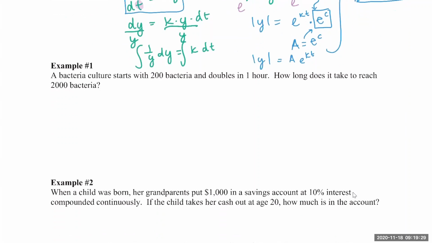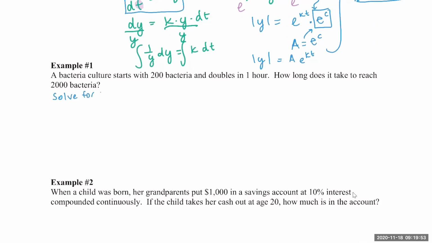Okay, so here you have a bacteria culture that starts with 200 bacteria and doubles in 1 hour. How long does it take to reach 2,000 bacteria? So I'm just going to give you some refresher. These problems should look familiar to you. You've seen this level of problems before. Usually with these, they give you certain parameters so that you can solve for your two constants.